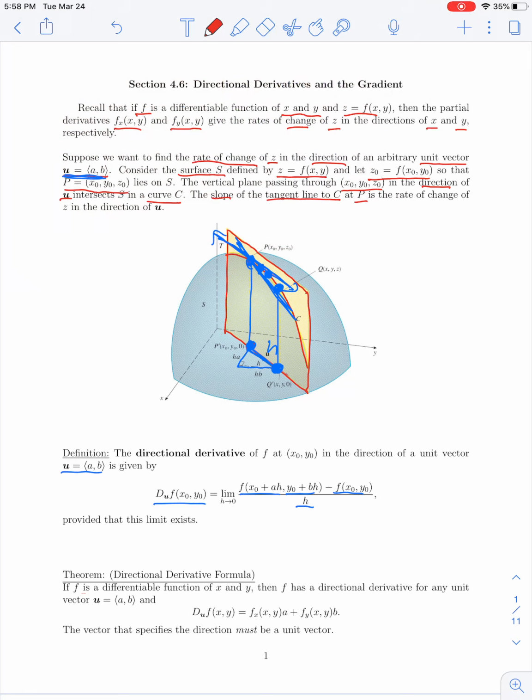So instead, we can make use of the following theorem, which gives us a formula for a directional derivative that's much easier to work with. So here's what our theorem says.